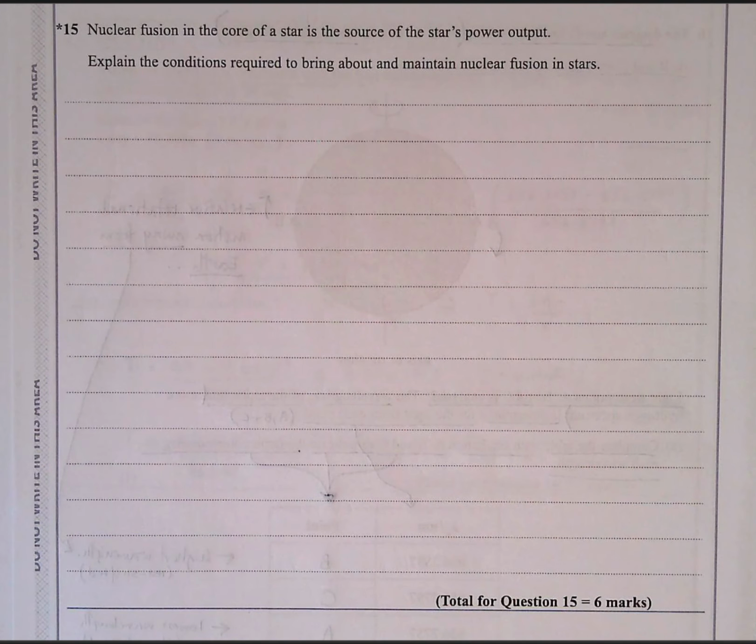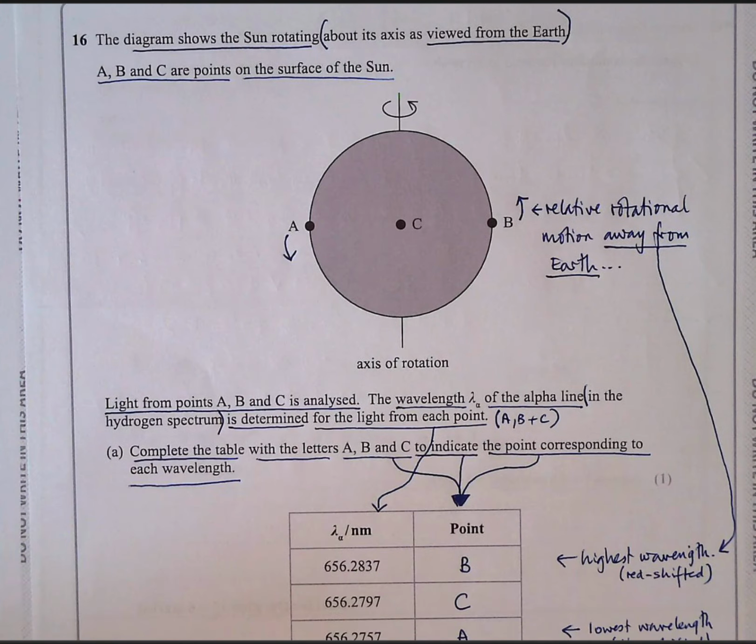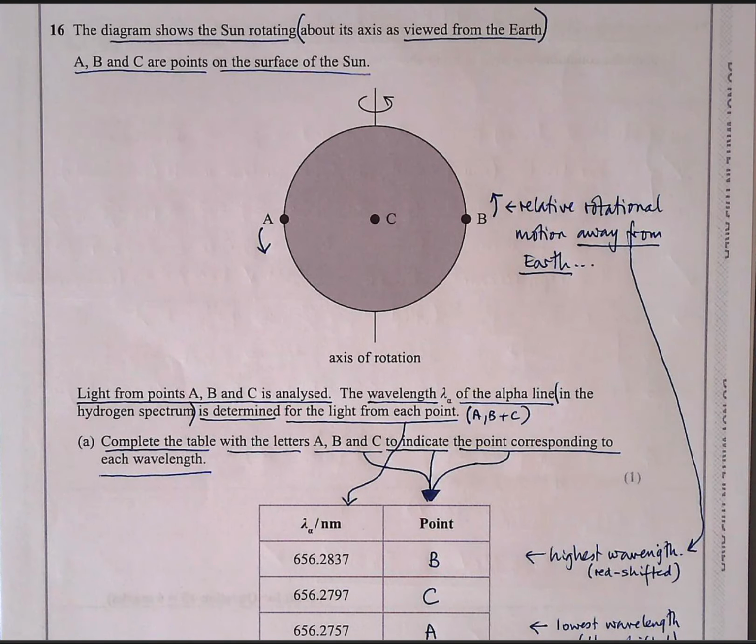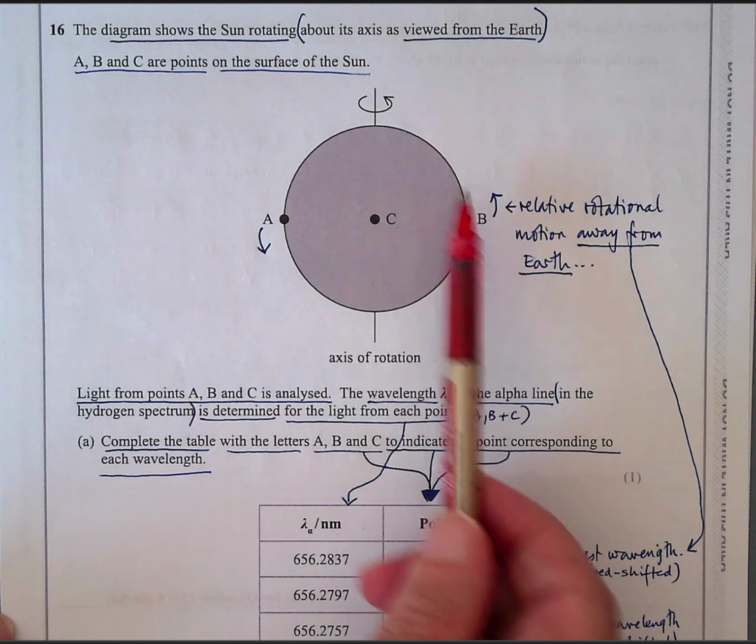The next question I was asked to do was question 16, so we're going to go straight to it. Question 16 is about astrophysics, or is it called cosmology in this topic? We have the diagram showing the sun rotating.